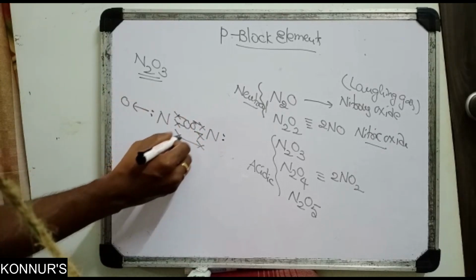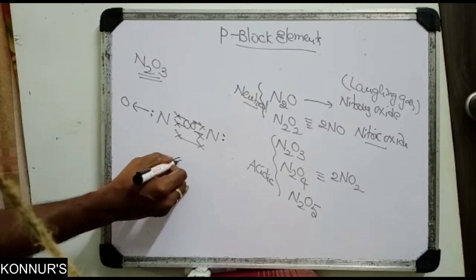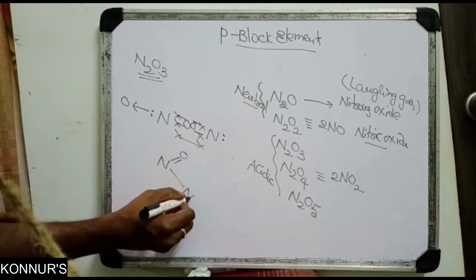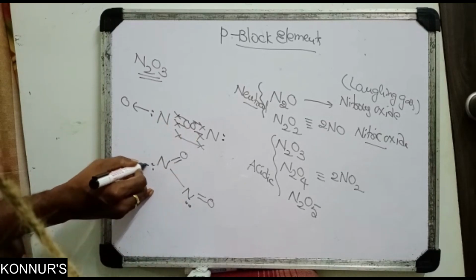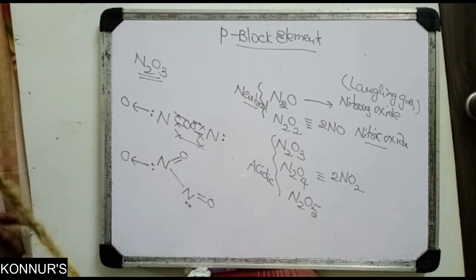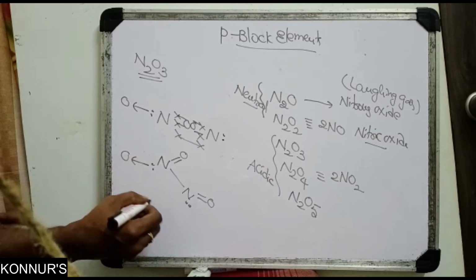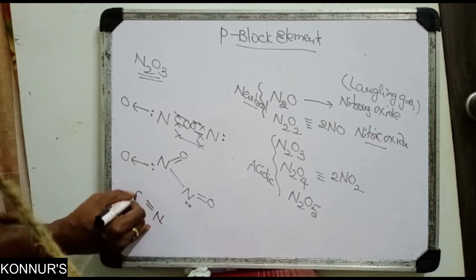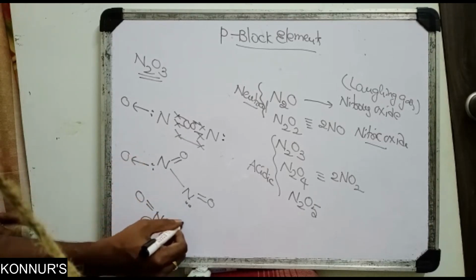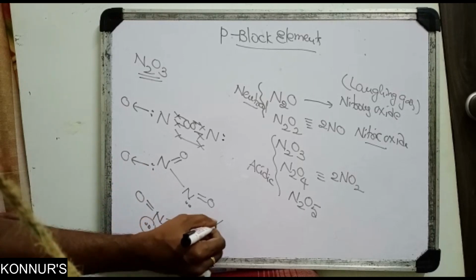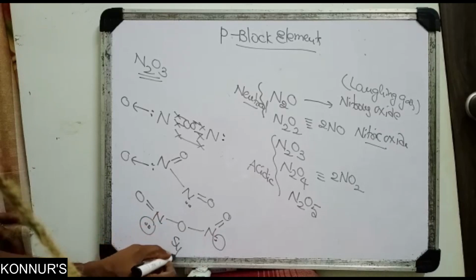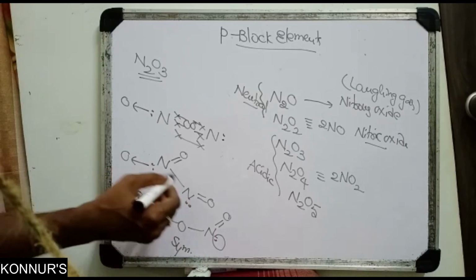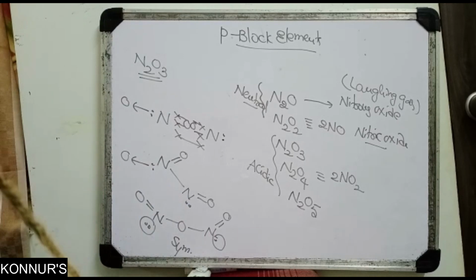That means N double bond O, N double bond O, both connected, with one lone pair. This is unsymmetrical. Symmetrical means N double bond O, one lone pair, O, N double bond O, one lone pair. So this is a symmetrical compound, and the other is an unsymmetrical molecule.